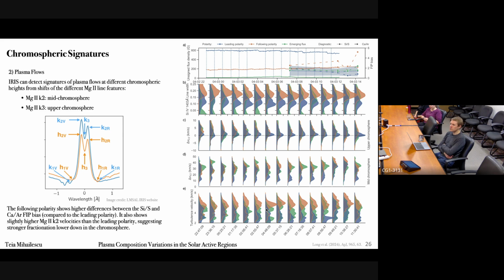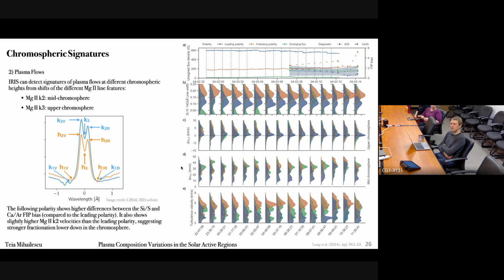In this active region, the leading polarity had lower FIP bias than the following, the following polarity had higher FIP bias than the leading, but it also showed a higher difference between silicon to sulfur and calcium to argon, which means, according to the model, that the fractionation process should happen lower down in the chromosphere compared to the leading polarity. So this work looked at whether the velocities measured by these features in the magnesium line are different in the leading versus the following polarity.